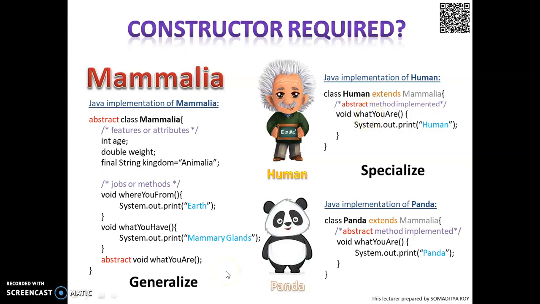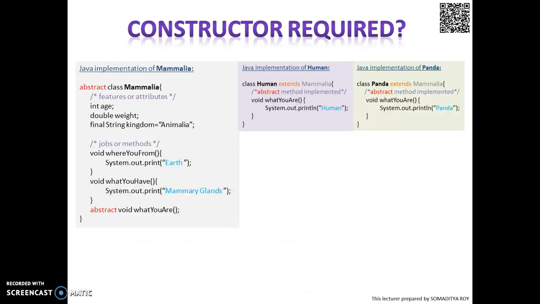So that is also a requirement or advantage of the abstract class. Now, still, why do we require a constructor? Now, we know we require a constructor to initialize an object.